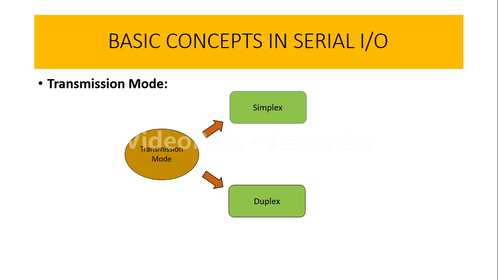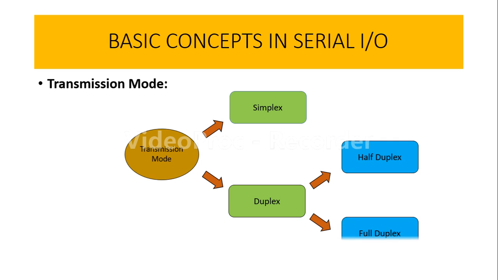The second type of transmission is duplex. As the name indicates, here the data transmission is in both directions. That means the flow of data will be in both directions. This duplex can be further subdivided into half duplex and full duplex.